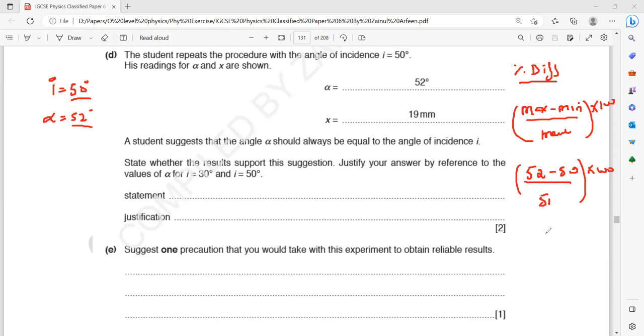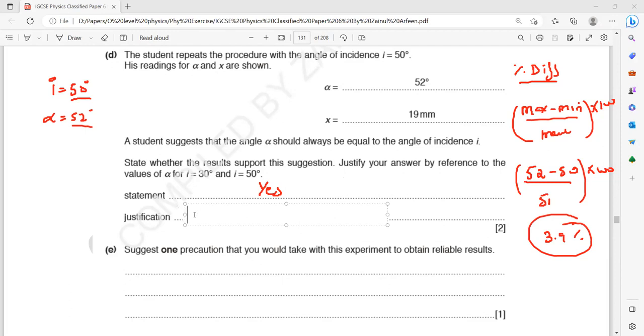So that is 3.9%. If our percentage difference is 3.9, what will we say, yes or no? We'll say yes. The values are within the limit of experimental accuracy, the values are equal. Or we can say the angle of incidence 50 is approximately equal to alpha 52.